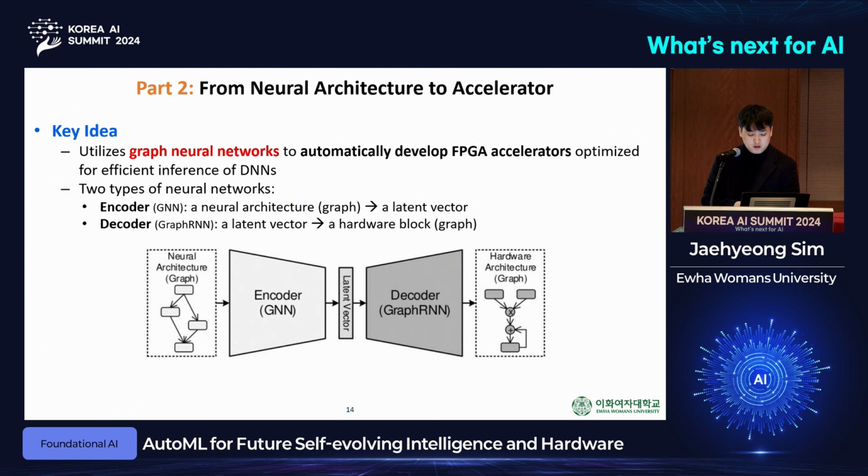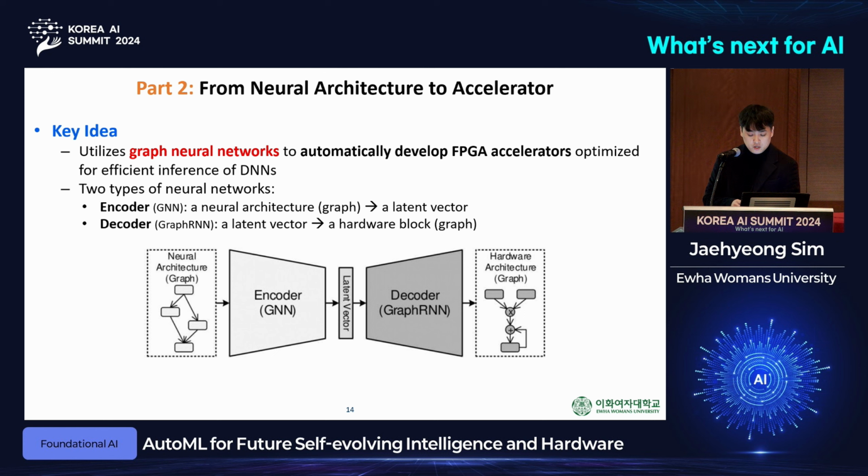So we make a representation for this neural architecture, and then we use the decoder to take a latent vector and convert it into a hardware block. Again, hardware architecture can be represented using a graph.